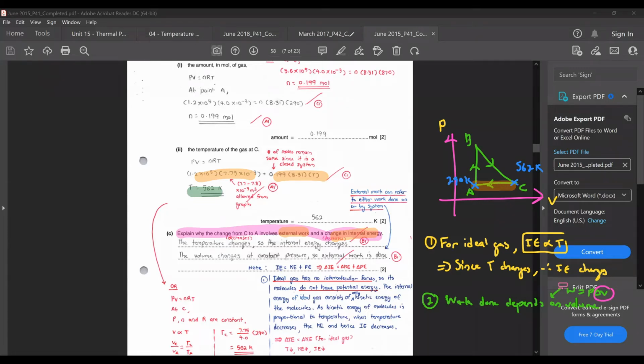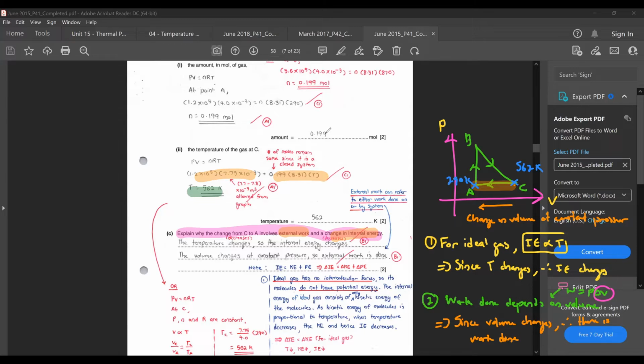So if you look at from C to A, there's actually change in volume at constant pressure. So here I can say that since volume changes, therefore there is work done.